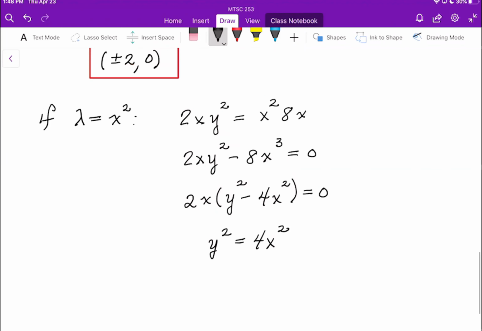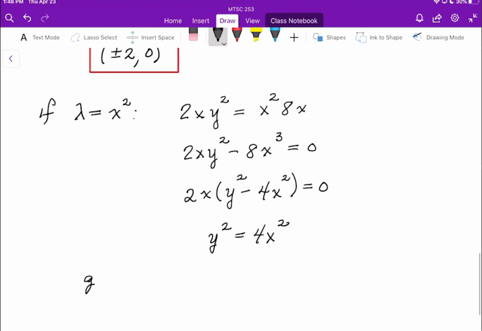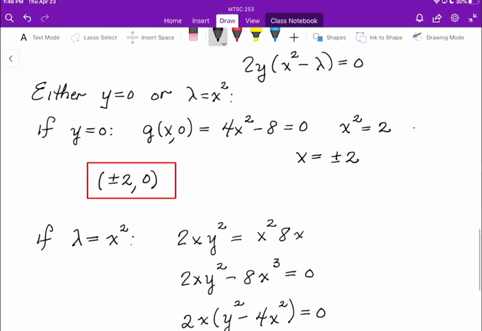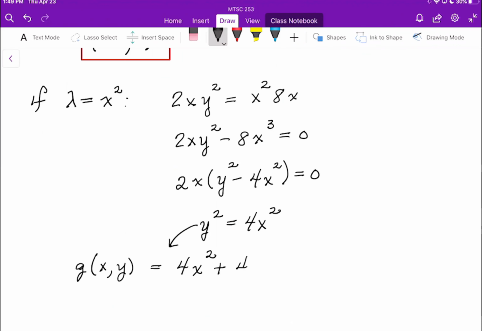So now I'm going to find g of x and y, but I'm going to plug in this. So I get 4x squared, and y squared is 4x squared, minus 8 is equal to 0.